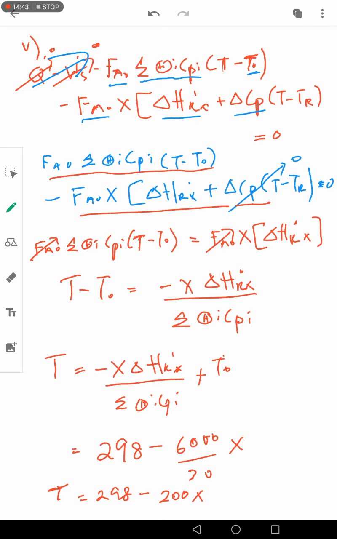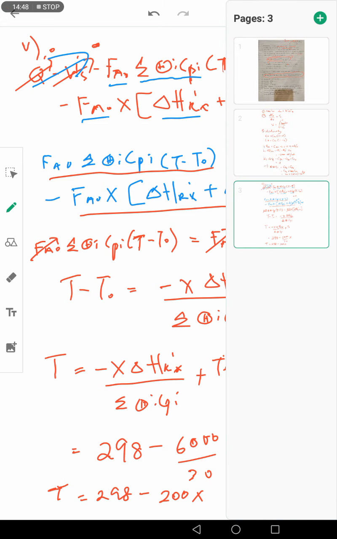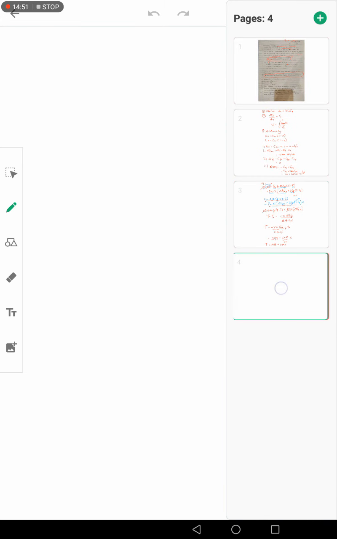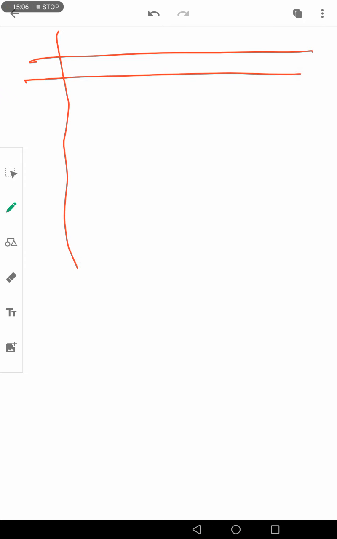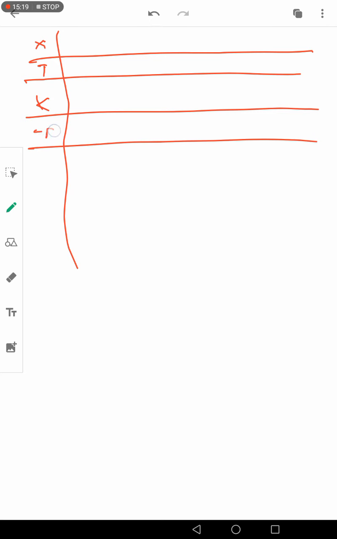So dekat sini lah nanti bila you dah dapat all this kind of information, kita boleh set up a table in which you can put your X, you can put your T. And then you can put your K. Once you have your K, you boleh dapat your negative RA.